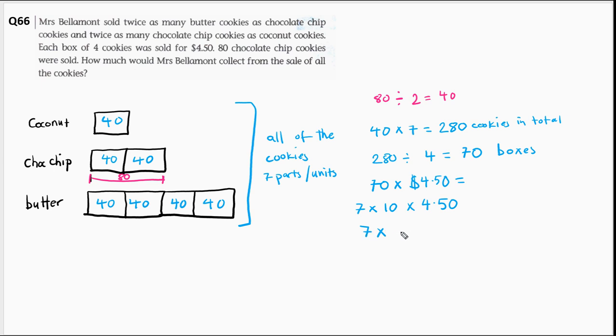So this is the same as 7 times 45, which might be an easier way for you to think about it. But let's put this dollar sign back in so we don't forget it. And 7 times 45, or 70 times $4.50, is going to give us a total of, drum roll, $315. That is our final answer.